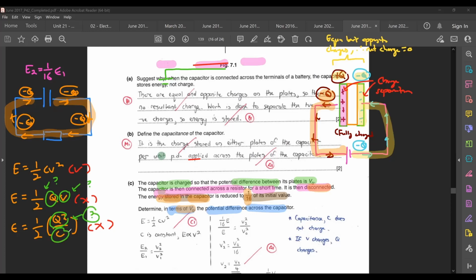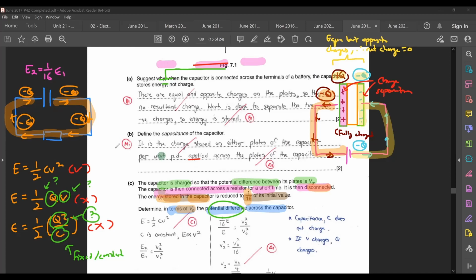And then your capacitance here, although you do not know it, what you do know is that the capacitance value is fixed or constant. Okay, so although you can get some sort of relation here, it's not answering the question because you want the potential difference, you want the V. So the third equation is also out.